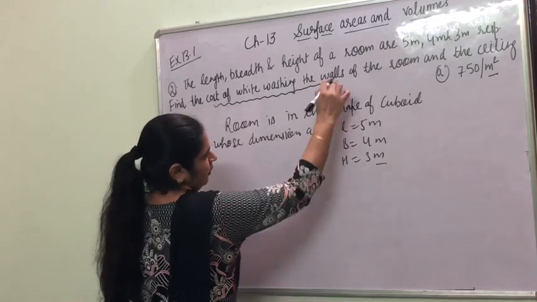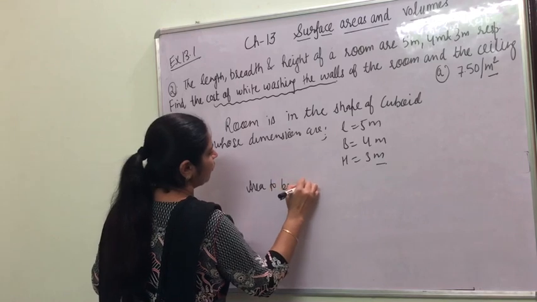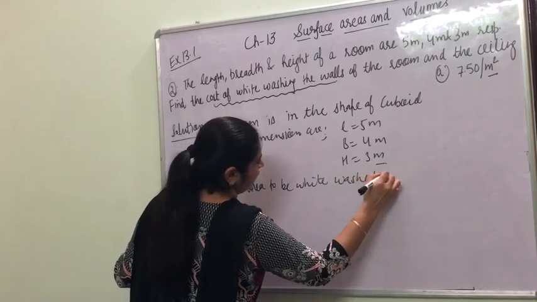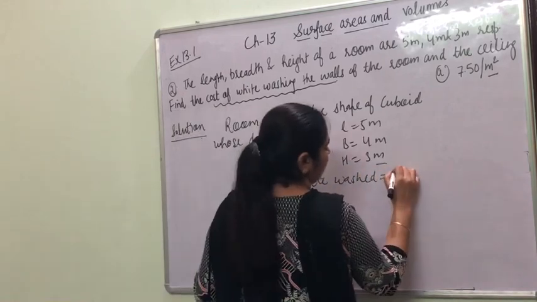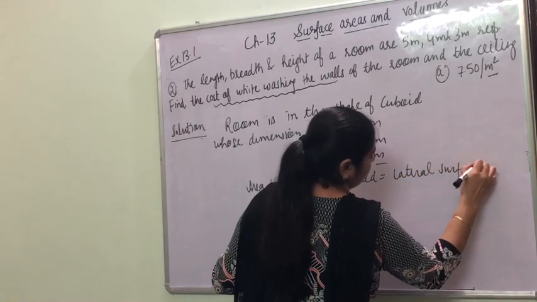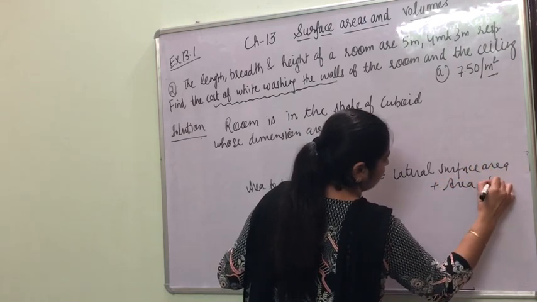Now here the area to be whitewashed is equal to lateral surface area plus area of the top.